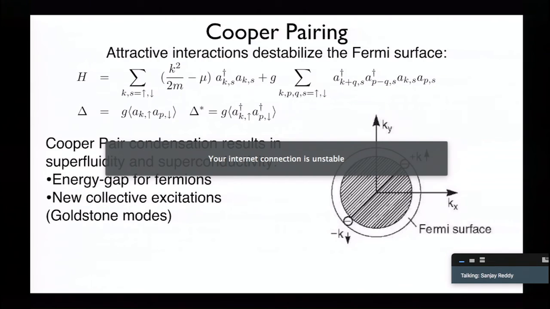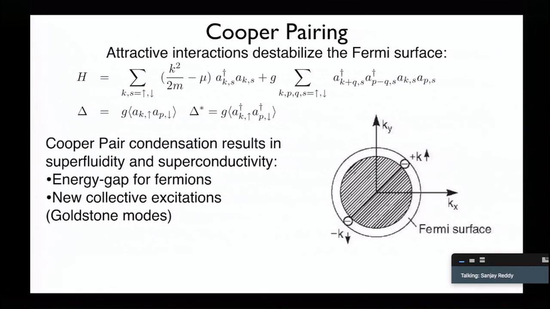And the reason it becomes unstable is because this interaction, no matter how small the interaction is, is capable of forming pairs of fermions called Cooper pairs. And the way we mathematically describe these Cooper pairs is by assigning an expectation value, not to the density. The density we know has an expectation value.